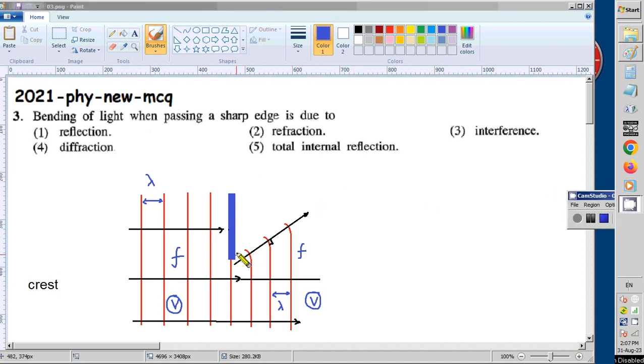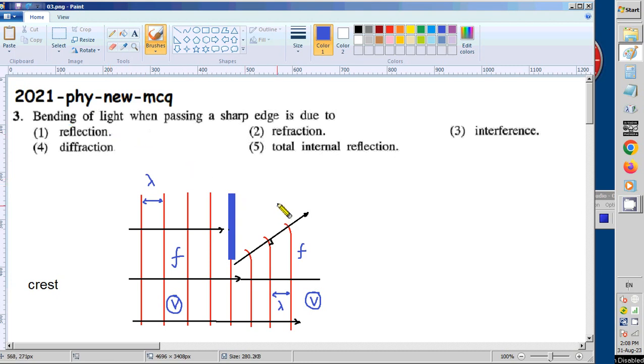The other thing: we call it refraction if waves bend like this, but here the velocity doesn't change. In refraction, the velocity must change when the wave enters from one medium to another medium. Here the velocity doesn't change, yet the wave bends, spreads at a sharp edge, or bends as they say in the problem.